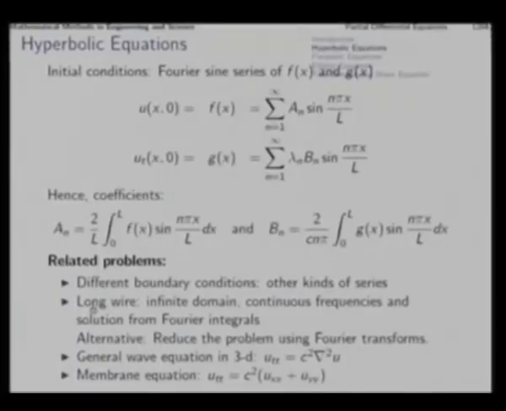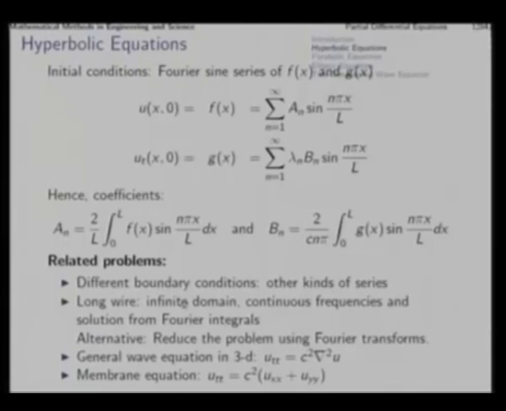If the string is enormously long, a very long wire, in that case the domain can be more appropriately represented with an infinite domain, and these frequencies nπ/L will turn out to be continuous, and the solution will come not from a Fourier series, but a Fourier integral. Alternatively, one can also reduce the problem to an ordinary differential equation in terms of Fourier transforms.